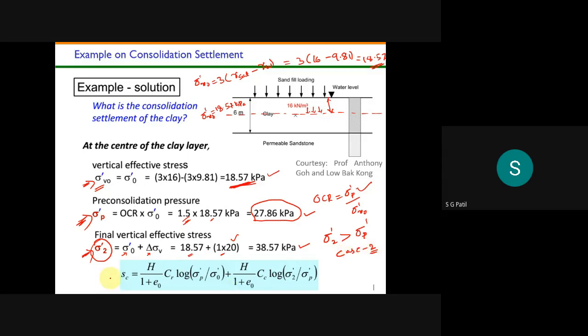Case 2 means this is the formula I should use: SC equal to H divided by 1 plus e naught, that is the recompression index, into log of my pre-consolidation stress divided by the original initial vertical stress, plus H divided by 1 plus e naught, my compression index, into log of sigma 2, that is the final effective stress, to the pre-consolidation stress.